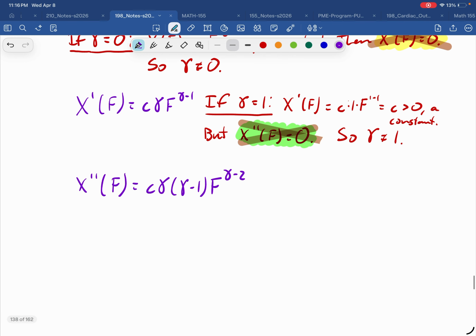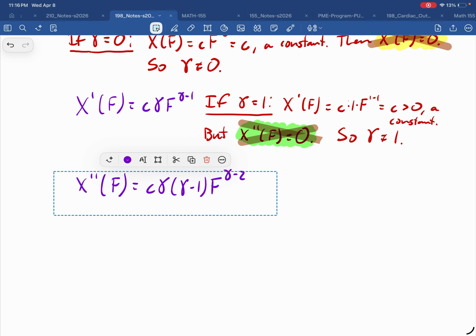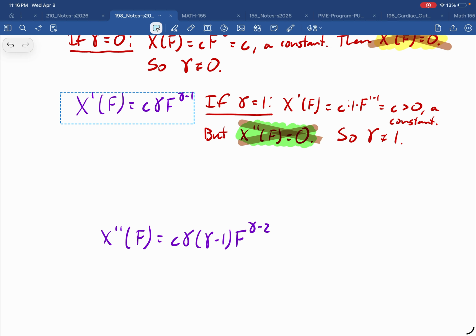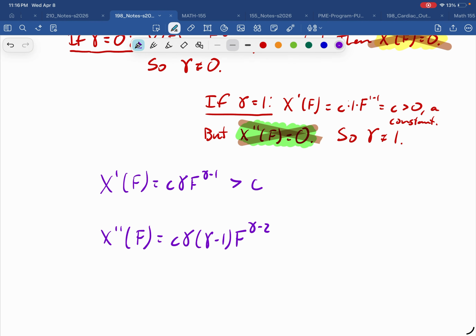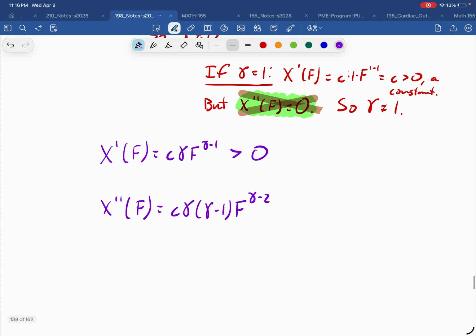All right, now let's think about this. Let me go ahead and move this guy down here and this guy down here. We want this guy to be greater than 0, and we want this guy to be less than 0 for choices of gamma, okay?